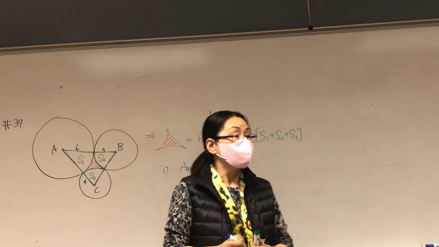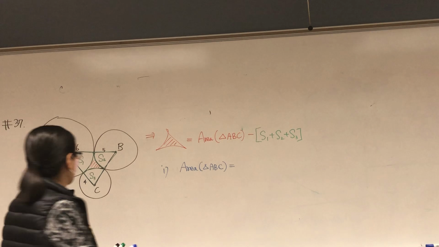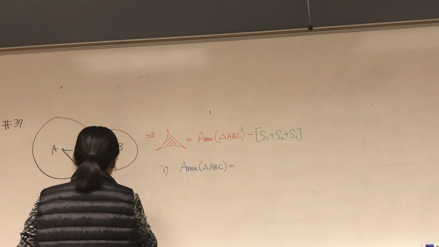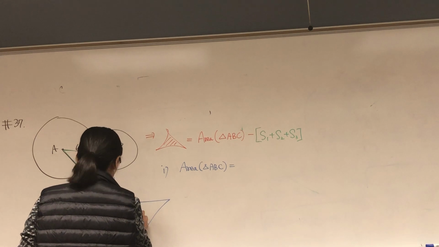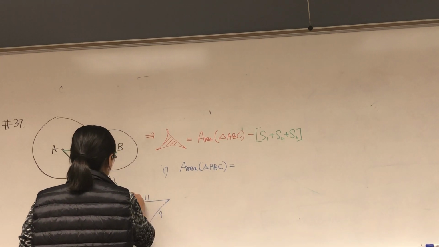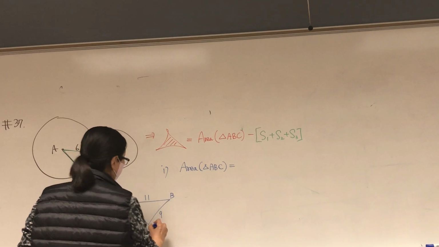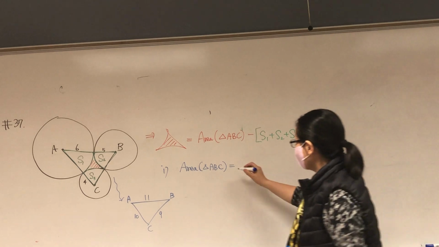AB is 11. Good. What's the length of AC? 10. Good. What's the length of BC? 9. Good. So this is 10, this is 9, this is 11. Am I right? A, B, C. So by Heron.